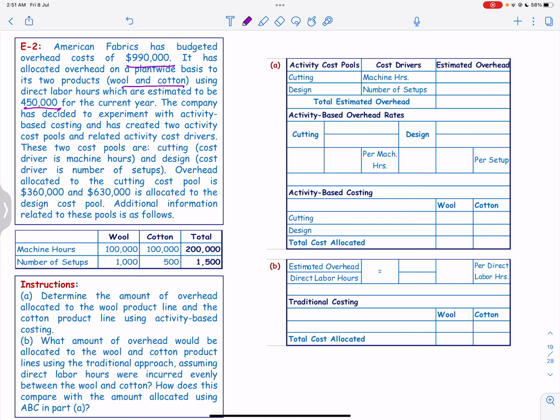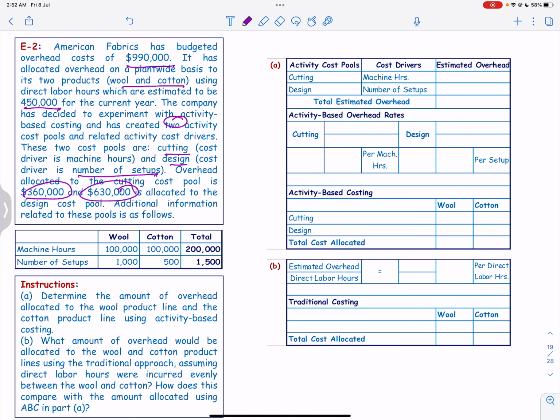The company has decided to experiment with activity-based costing and has created two activity cost pools and related activity cost drivers. These two cost pools are cutting, whose cost driver is machine hours, and design, whose cost driver is number of setups. Overhead allocated to the cutting cost pool is 360, and 630 is allocated to design cost pool.